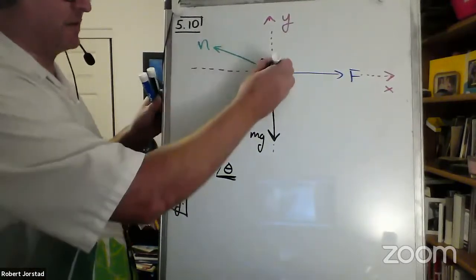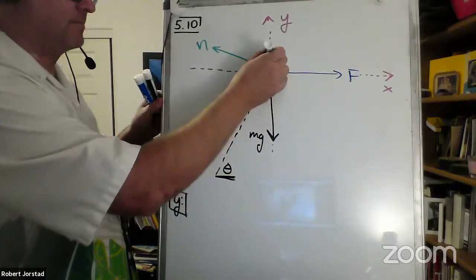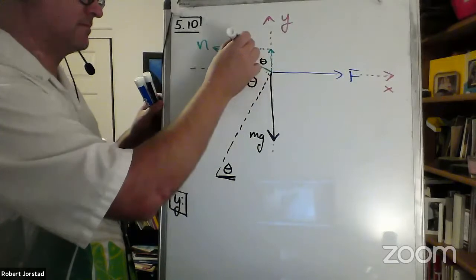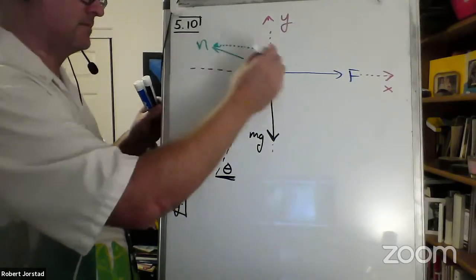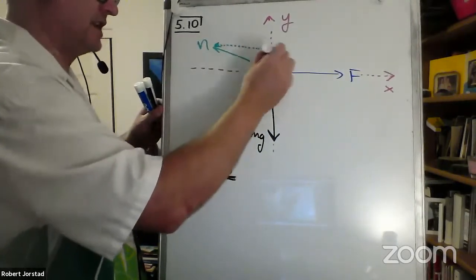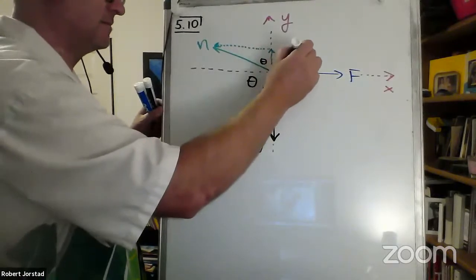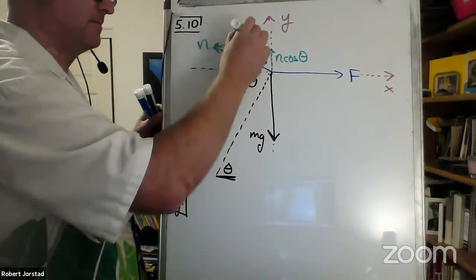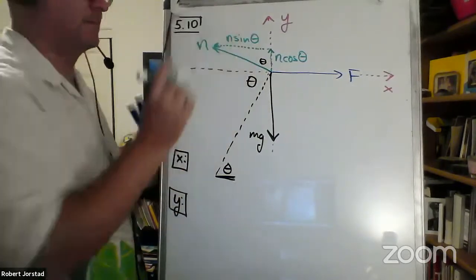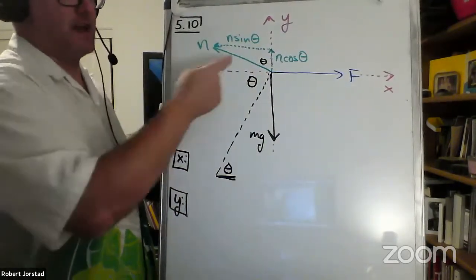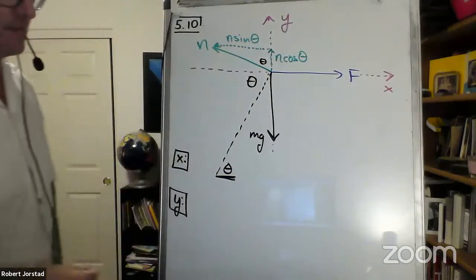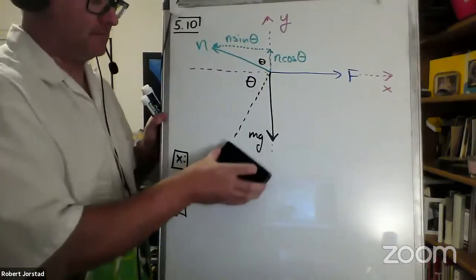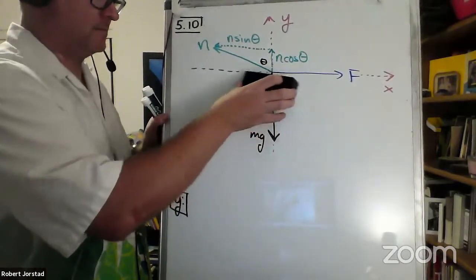So I'm going to split the force up this way. Adjacent, adjacent, opposite. You could have done 90 minus theta. That's fine. Now that I've got my angles figured out, I'm going to get rid of that.